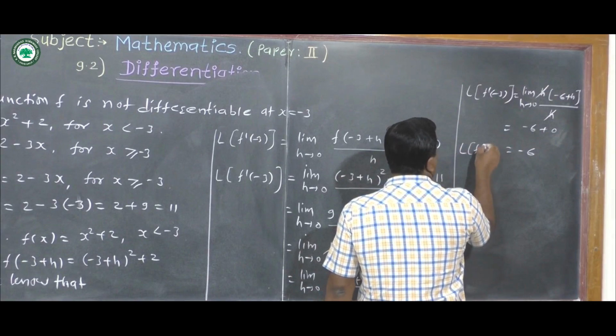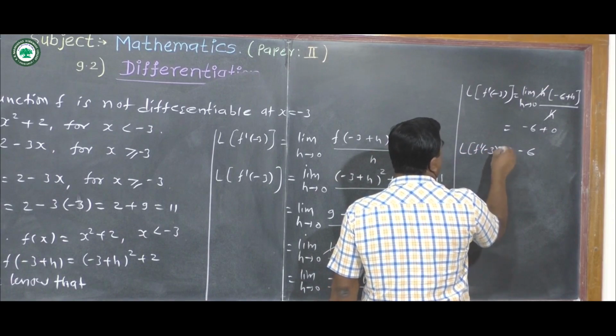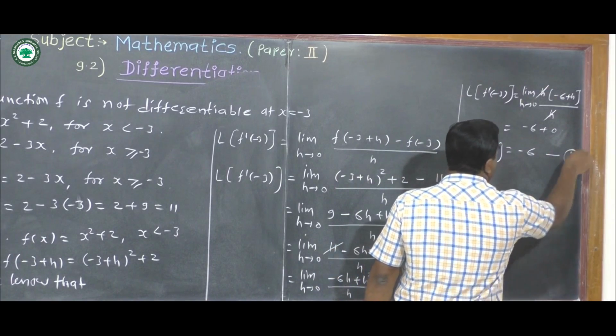Left hand derivative L f'(-3) is equal to -6.